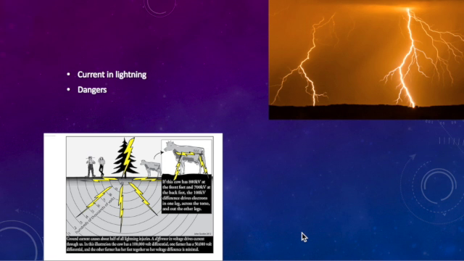Even being around in an area struck by lightning can affect you severely because of the ground current and also the difference in voltage. Like for example in this image, even if the lightning hits the tree, the ground current will also affect the surroundings.